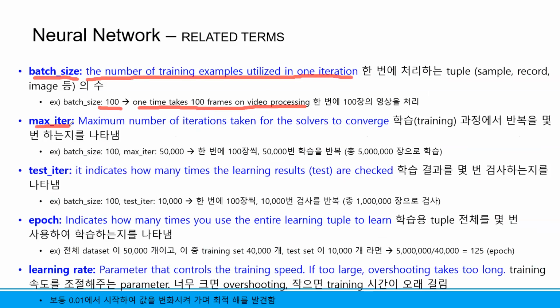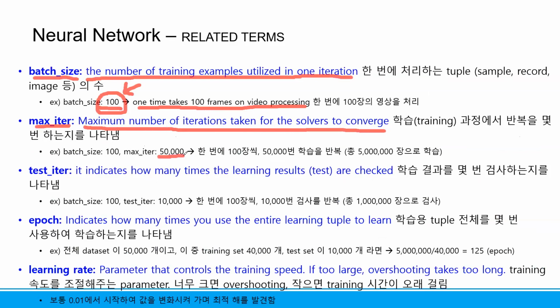Maximum iteration, max iter. It is the maximum number of iterations taken for the solvers to converge. So let's say I have the batch size 100, and this 100 is in one iteration. So I can do another iteration, and I'm specifying that the maximum iteration is 50,000.